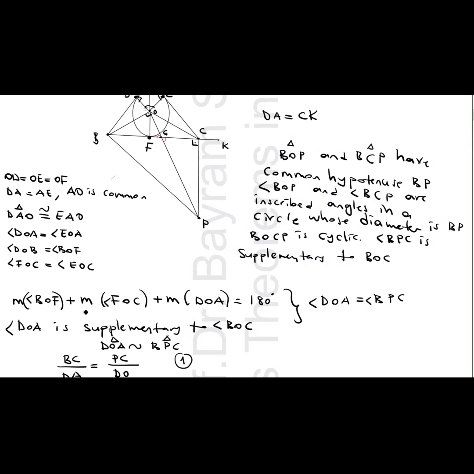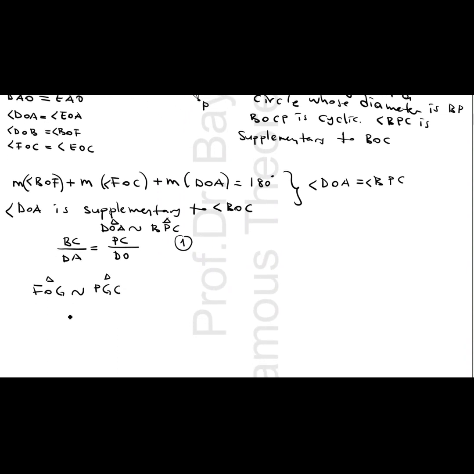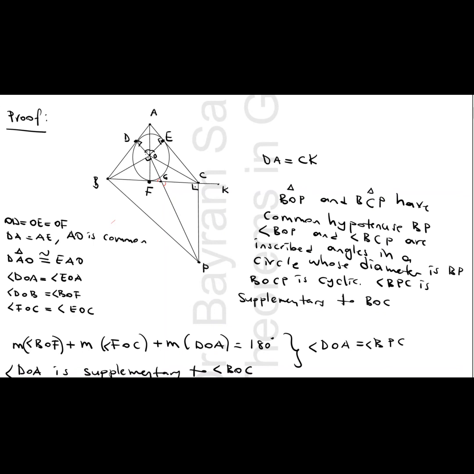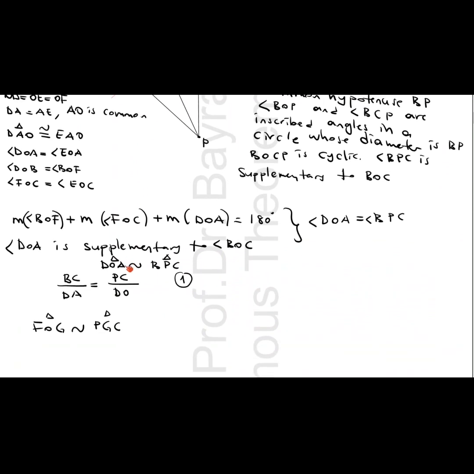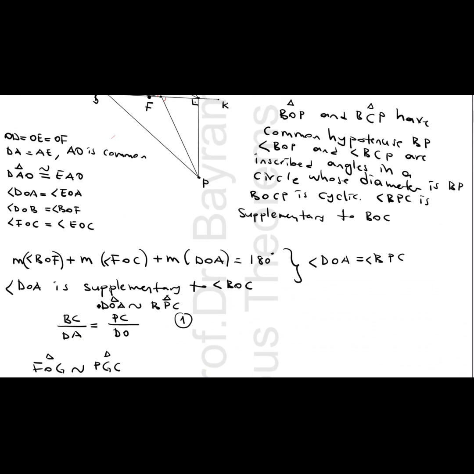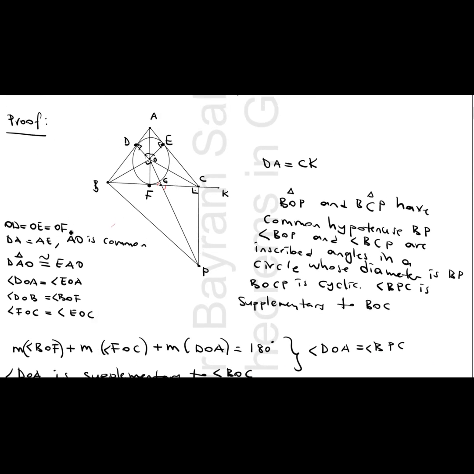So this we can use similar triangles. So it means GC over FG equals PC over OF.